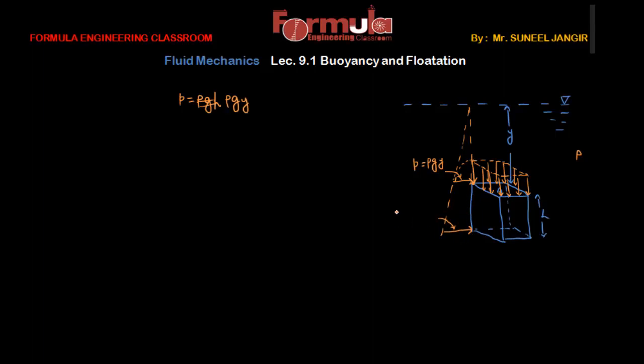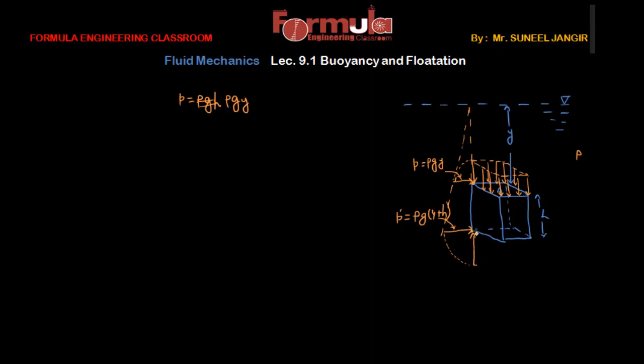So the pressure intensity here, which I'll call p dash, will be equal to rho g (y plus h). According to the hydrostatic law, the pressure intensity at the lower face of this element is rho g (y plus h), and according to Pascal's law this pressure intensity will be the same in this direction also at the same point.